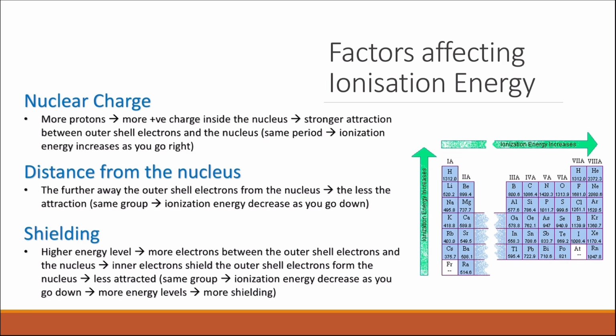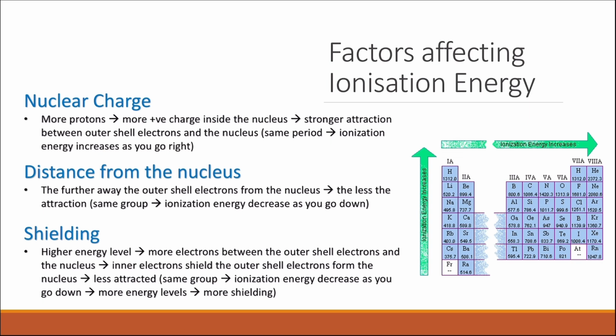Different factors affect the ionization energy, because they may ask you about the trend in the ionization energy, why it increases or decreases across a period or along the group. There are three factors that affect the ionization energy: the nuclear charge, distance from nucleus, and shielding. Nuclear charge means that the nucleus has more protons.